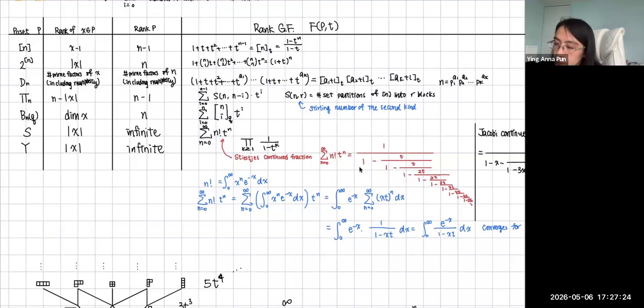And the good thing about this is that sometimes you will see interesting properties, just like the continued fraction that we just shared here. Hopefully if you encounter any graded poset, you will at least first look at the rank generating function. So I'm going to stop here.